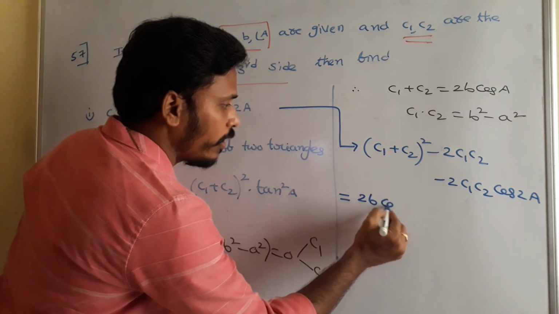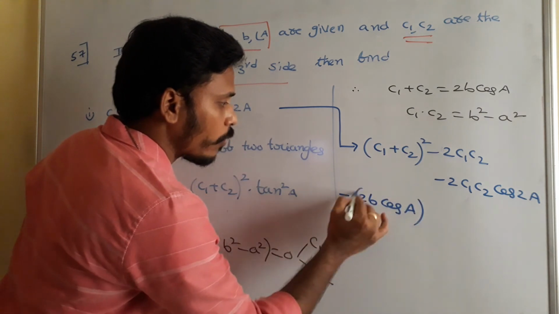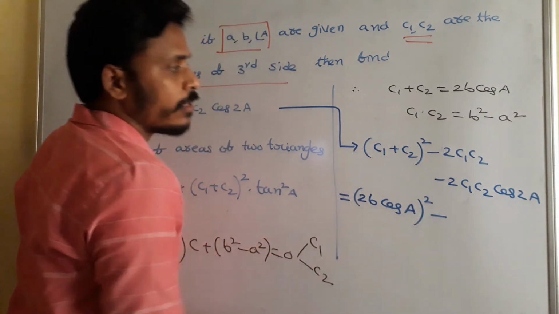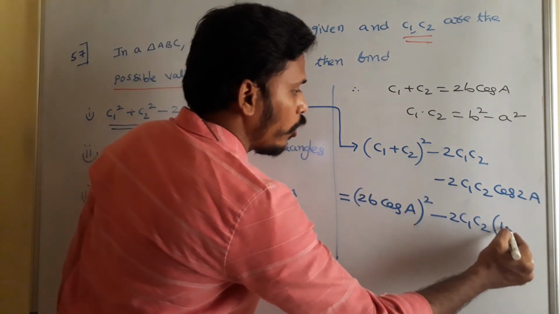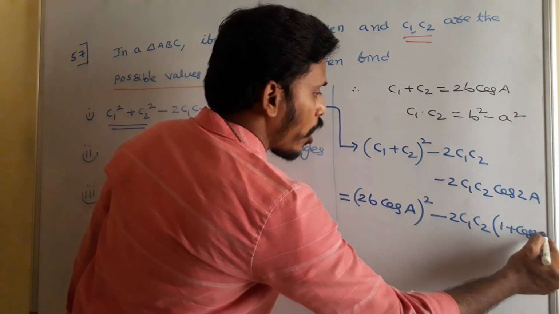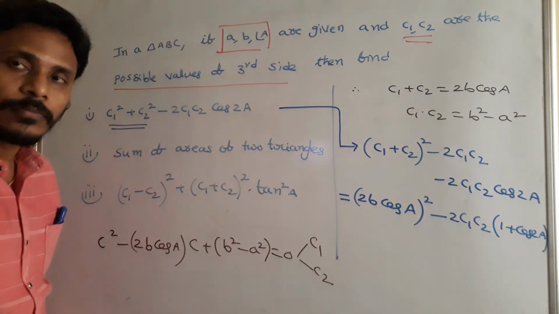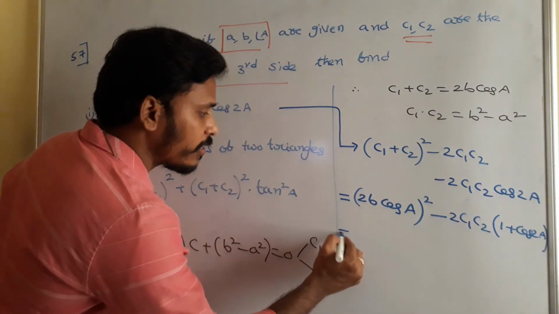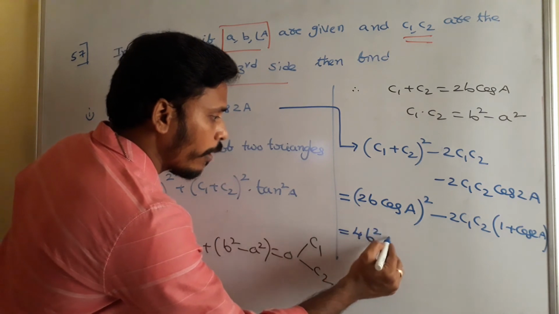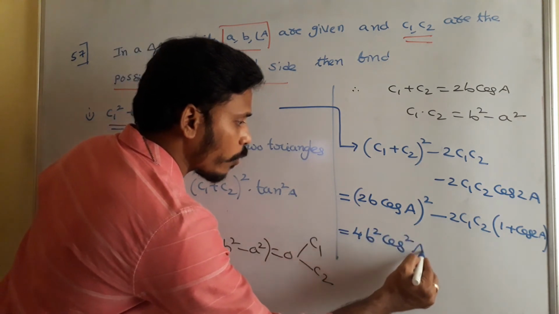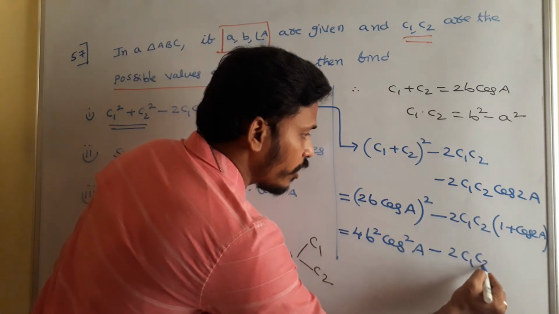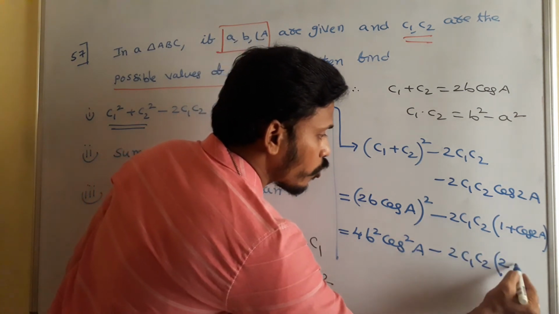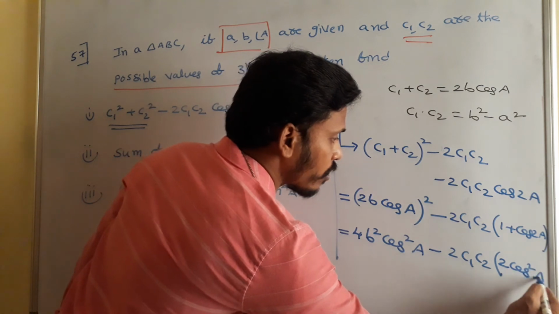So 2b cos a whole square minus, from these two terms you just take out C1 C2 into 1 plus cos 2a. And this 2b cos a whole square is simply 4b square cos square a, minus 2 C1 C2 into 1 plus cos 2a, which is nothing but 2 cos square a.